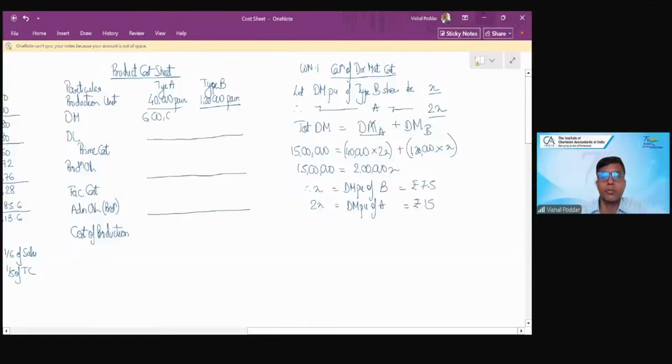This will be 6 lakh, because 15 into 40,000 pairs gives the total material cost, and 7.5 into 1,20,000 gives 9 lakhs. Right?